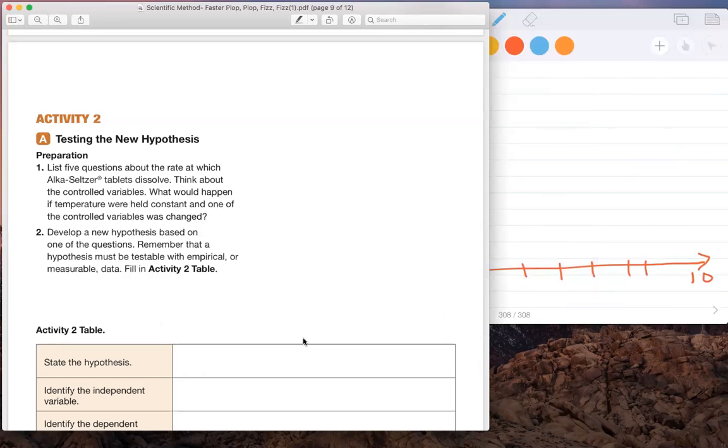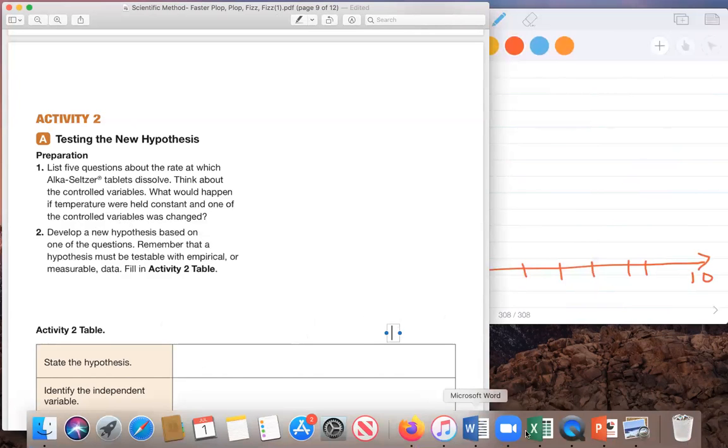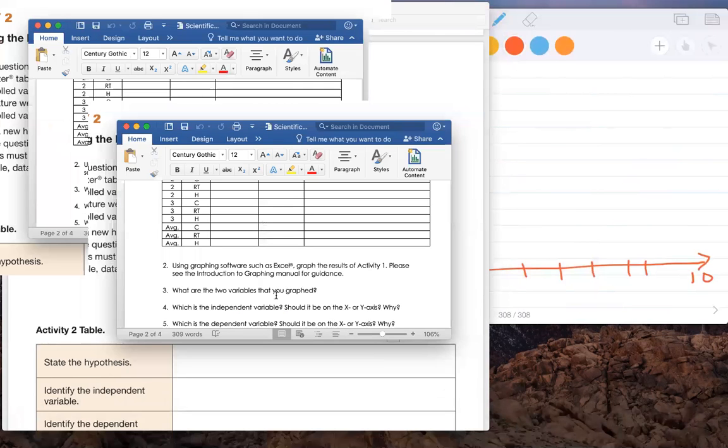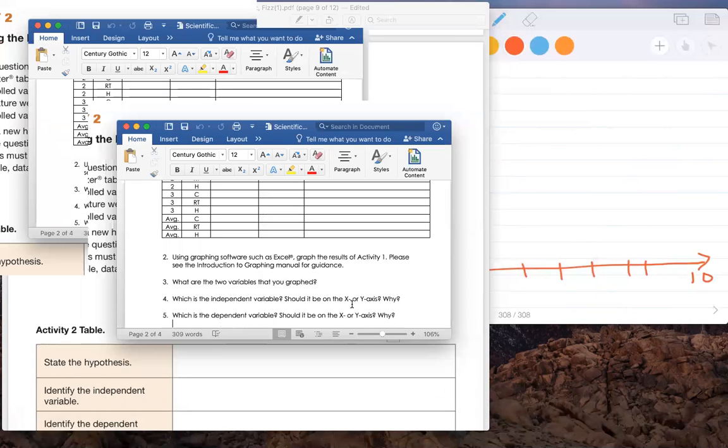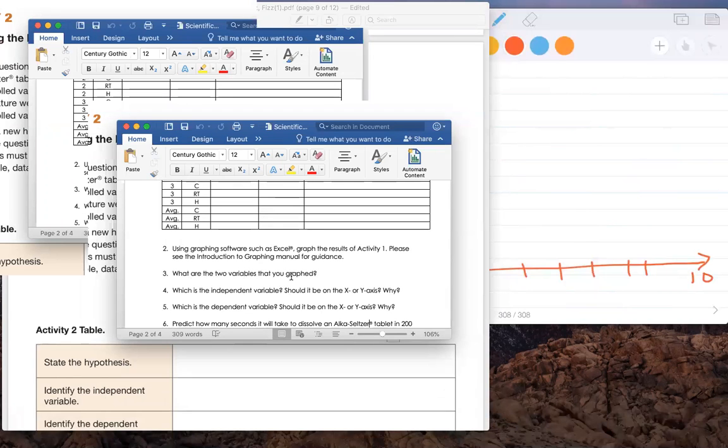You can do that based on activity 1. Now the variables there, you can just come up with that. It's easy. Which variable is independent? Will it go on y-axis? You will answer this.